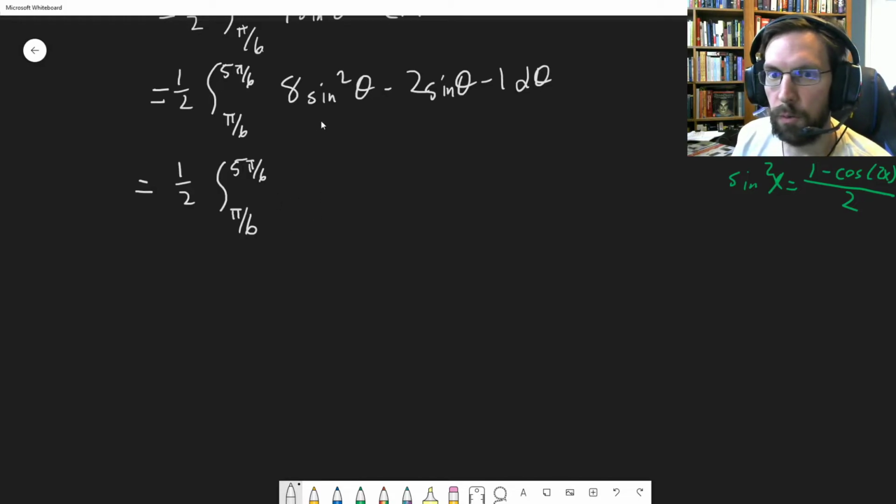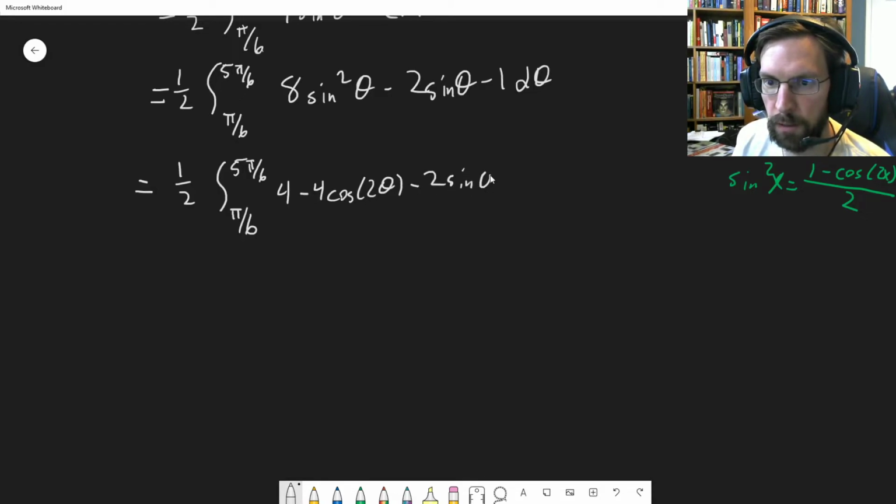Okay, so this is over 2, so this is going to be 4 minus 4 cosine 2 theta minus 2 sine theta minus 1. We can combine the 4 and the 1.